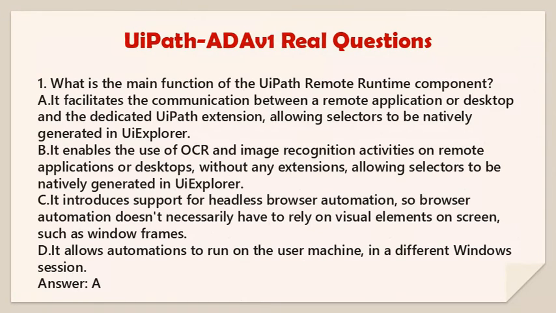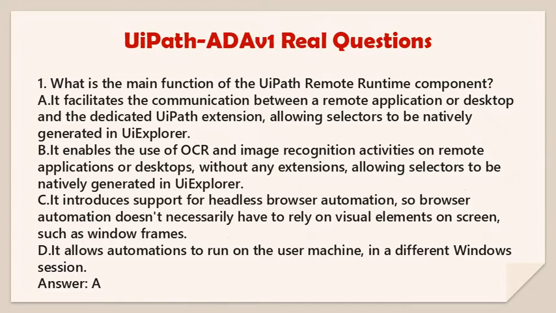1. What is the main function of the UiPath Remote Runtime component? A. It facilitates the communication between a remote application or desktop and the dedicated UiPath extension, allowing selectors to be natively generated in UI Explorer. B. It enables the use of OCR and image recognition activities on remote applications or desktops, without any extensions, allowing selectors to be natively generated in UI Explorer.